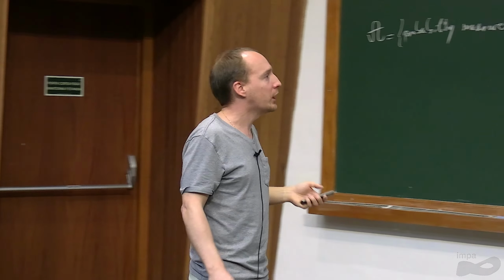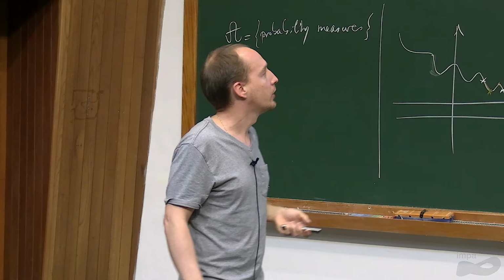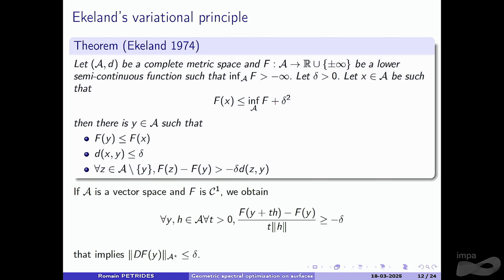So what we would like to do for lambda 1 is to apply Ekeland's variational principle to a good choice of A, of the complete variational space, and to prove that if you have an almost critical maximizing sequence, then it is compact, and you obtain a maximizer.